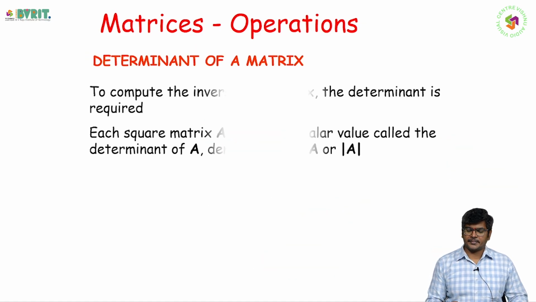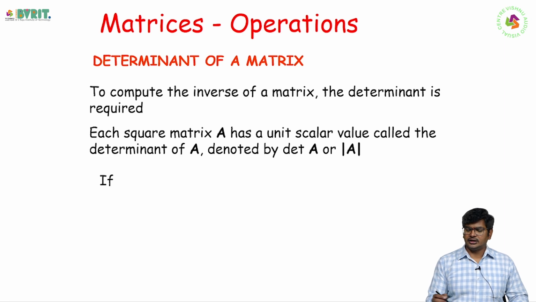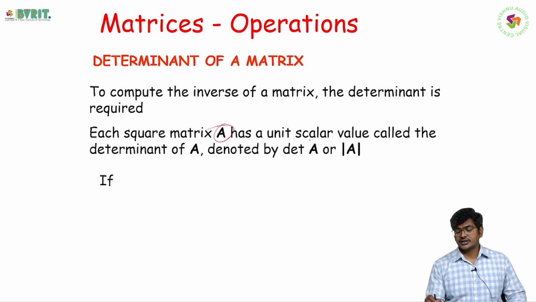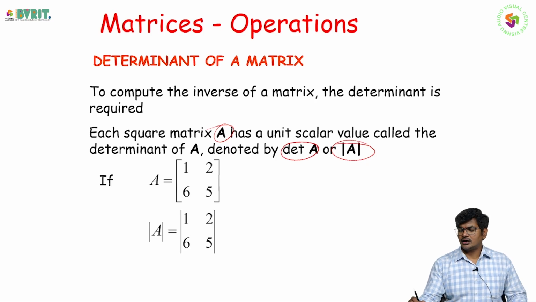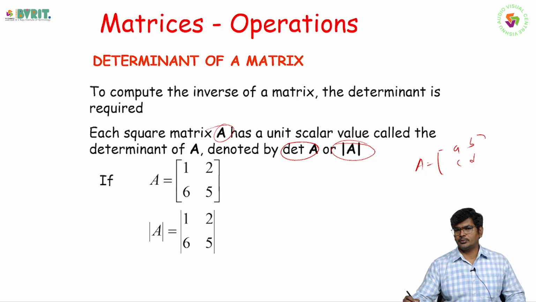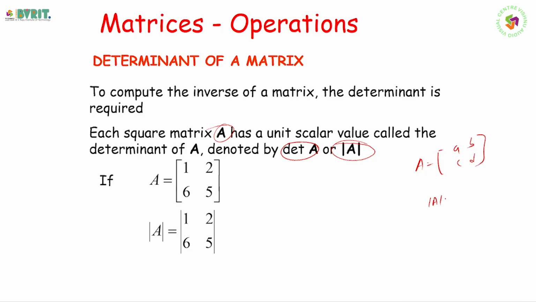Next, determinant. Every square matrix A has a unique scalar associated with it, called the determinant. Determinant means mod A or det A. For example, A equals [a b; c d], a 2 by 2 matrix. What is the det A formula?